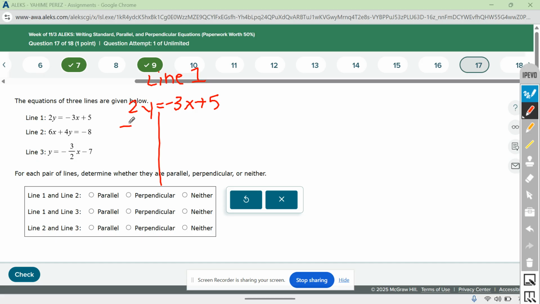Well, we're going to divide everything by 2. We're going to do the great divide. So this will be negative 3x divided by 2 is negative 3 over 2x. And 5 divided by 2 is just 5 over 2. Right? So our slope here, because this is now slope-intercept, is negative 3 over 2.